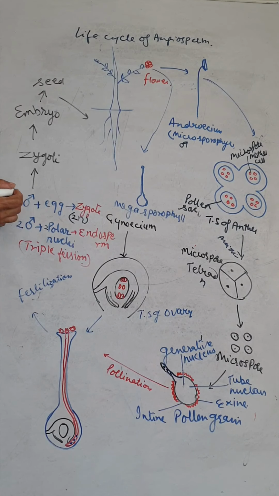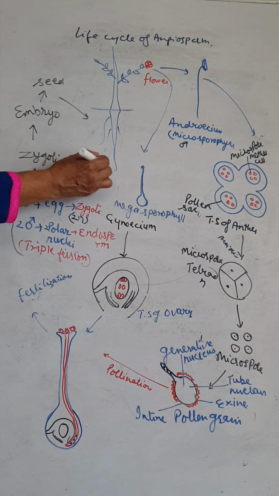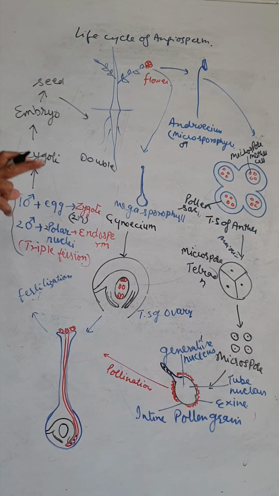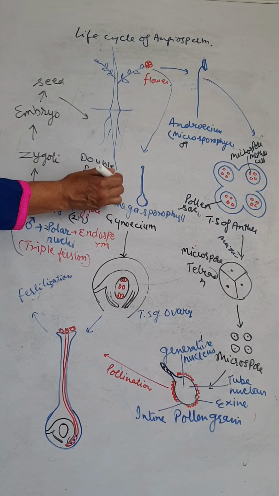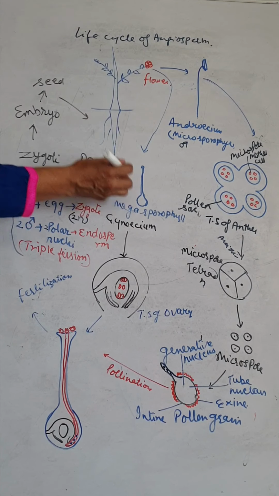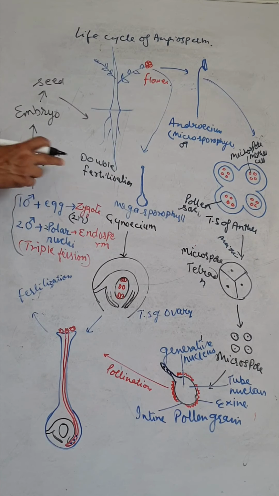Both fertilizations together are called double fertilization, because fertilization occurs twice, once with the egg cell and once with the polar nuclei. Double fertilization is the characteristic feature of angiospermic plants.